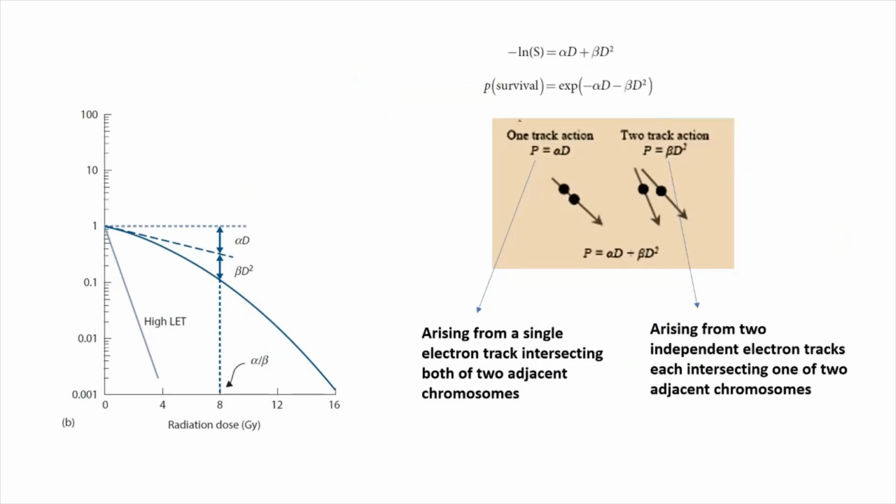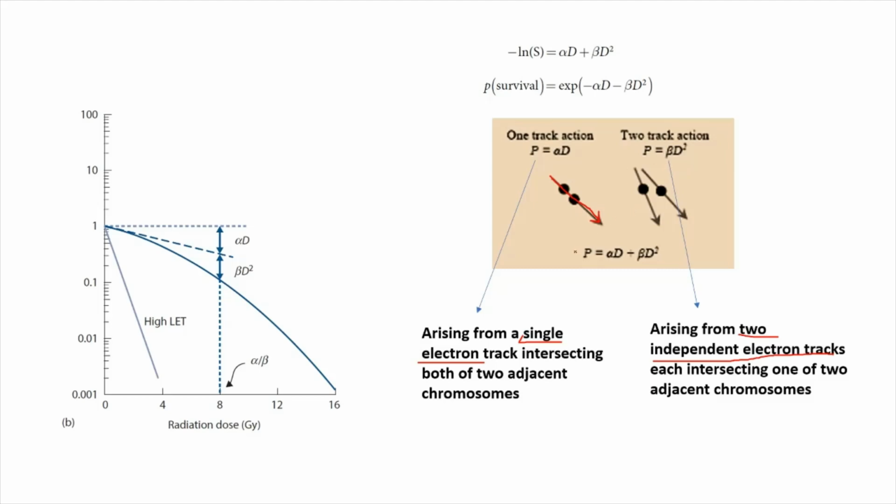Alpha is basically dominant at the low dose region, and it's because of a single electron track which intersects both of the two adjacent chromosomes. For the quadratic one, it's a two track action, and it arises from two independent electron tracks, each intersecting one of the two adjacent chromosomes.